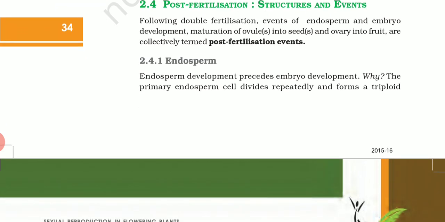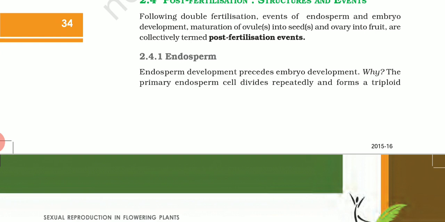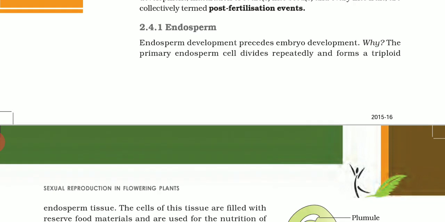Let us see the first aspect, namely the development of endosperm. Now, what is endosperm and how is it developed? We recall yesterday that the second male gamete fused with the polar nuclei, so it forms a primary endosperm nucleus, which is commonly called PEN. Now, what happens to this PEN?